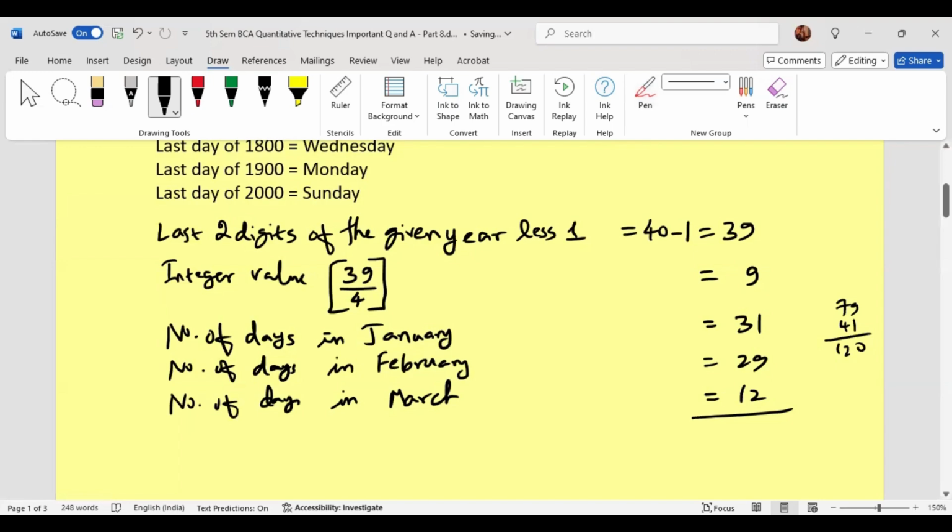Isn't it? Let me recheck this once again. 120.